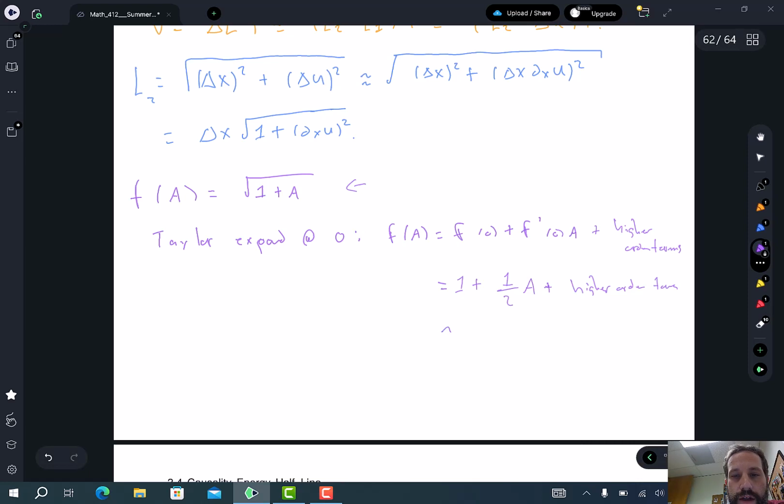So finally, this is approximately equal to 1 plus 1 over 2 a. You could have done that same approximation using the mean value theorem as well.